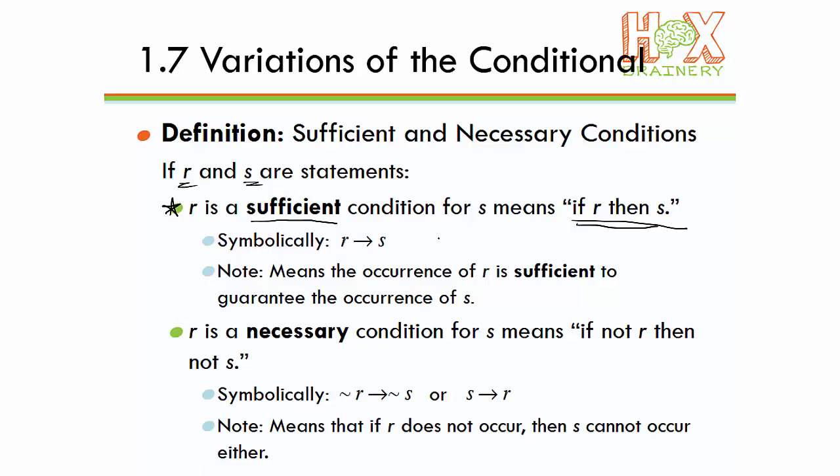Let's say R here in this case is Bongo is a dog, and S will be Bongo is an animal. So this conditional statement would be if Bongo is a dog, then Bongo is an animal. So being a dog is a sufficient condition for Bongo to be an animal.